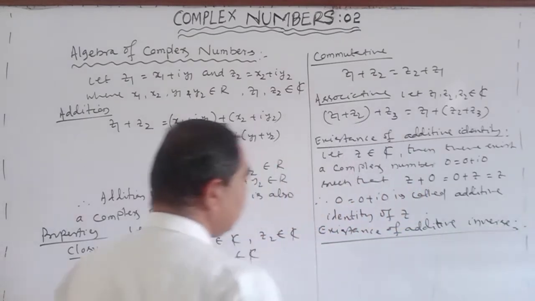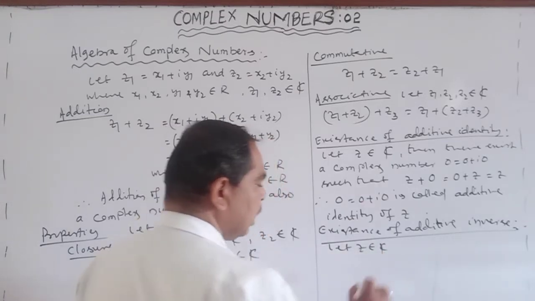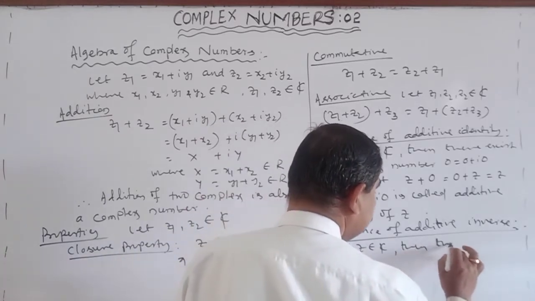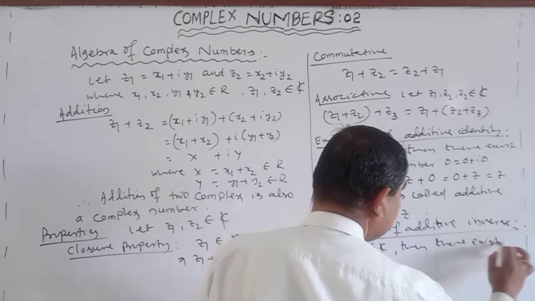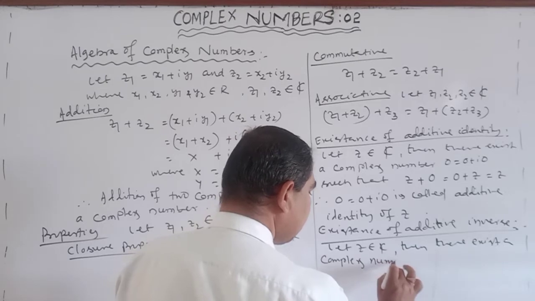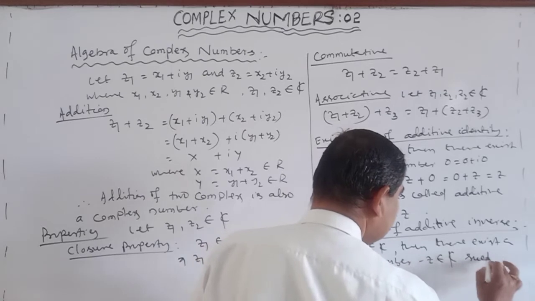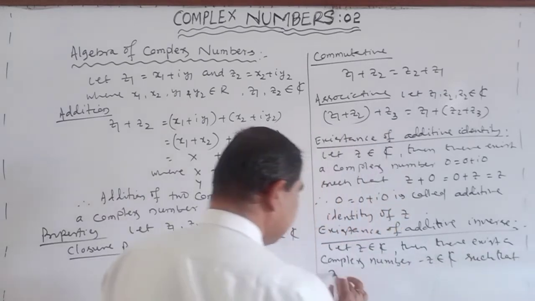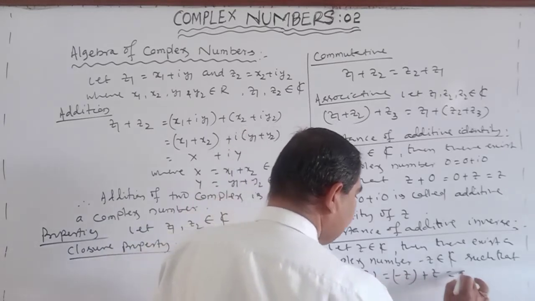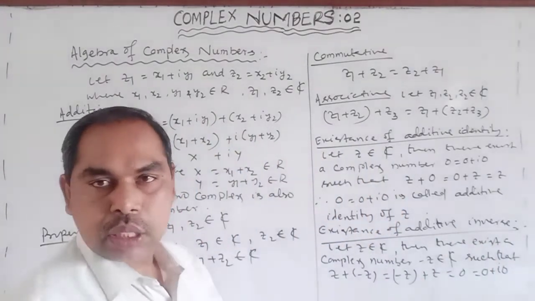Next, existence of additive inverse. Let z belong to set of complex number C. Then there exists a complex number minus z belongs to C, such that z plus minus z is equal to minus z plus z is equal to 0, that is 0 plus i into 0.